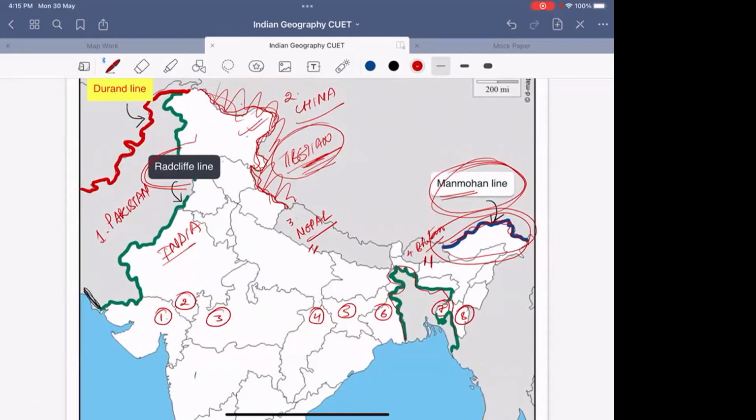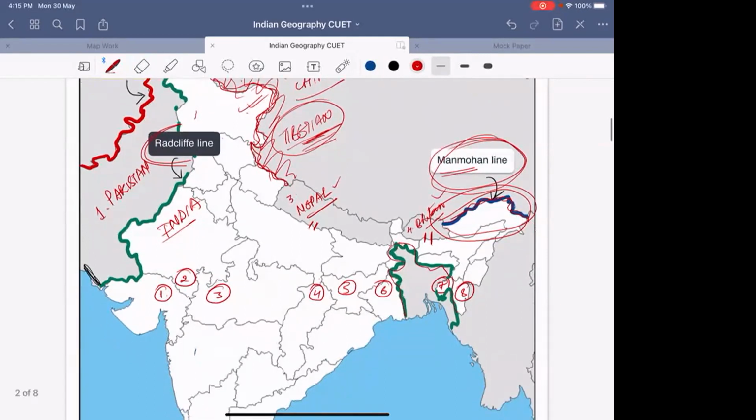There are a lot of things that go on in POK or the LoC area. So it can be asked which country shares an open border with India. At that point, you have to be aware of Nepal and Bhutan. These are the two countries among the 7 which share an open border.